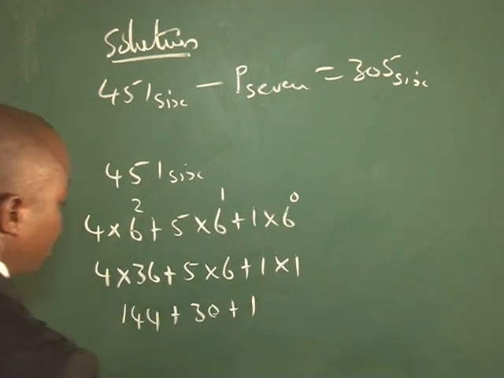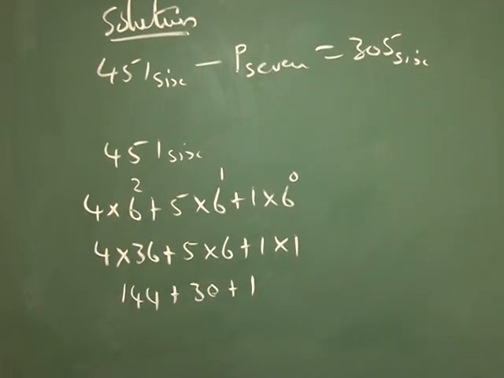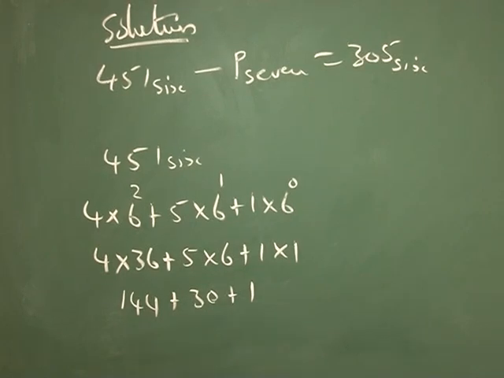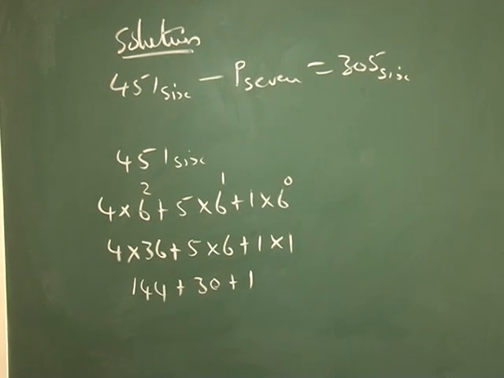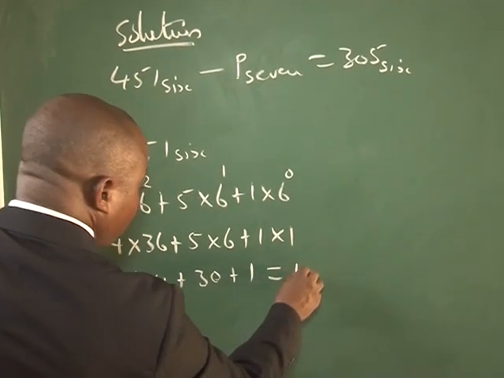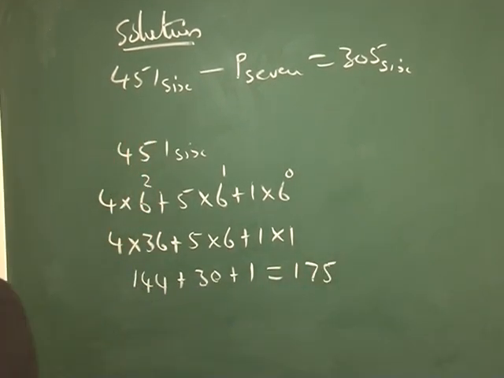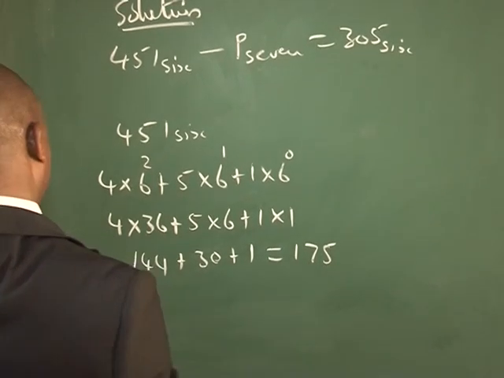Then 1 times 1 is 1. Then 144 plus 30 plus 1 will give us 175. This is to base 10.